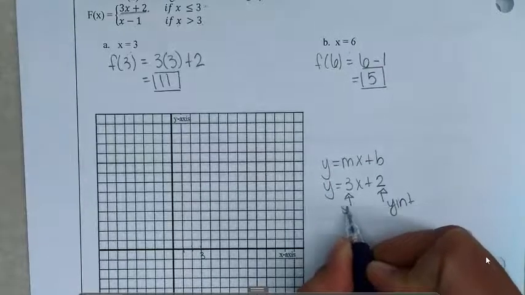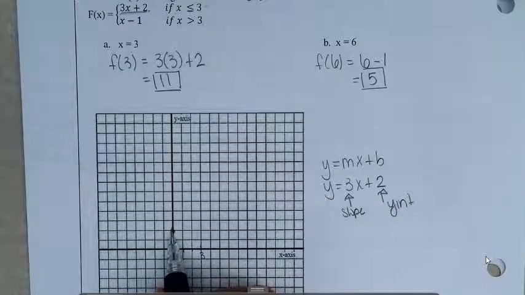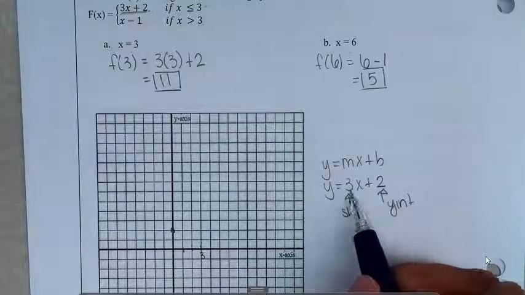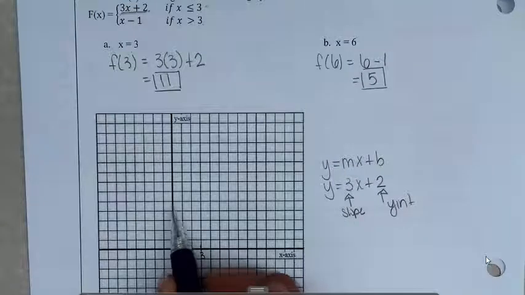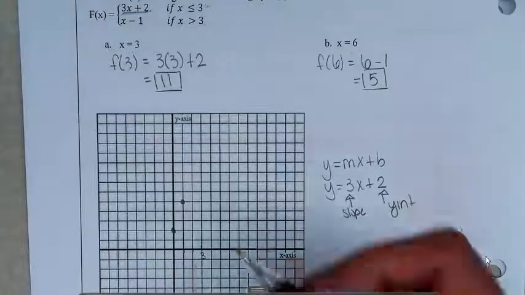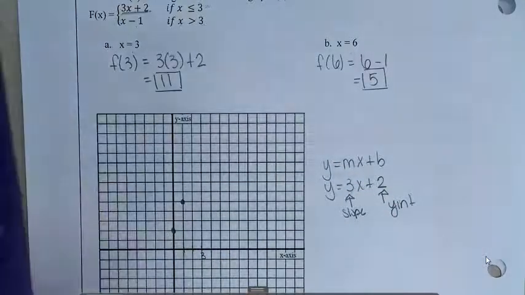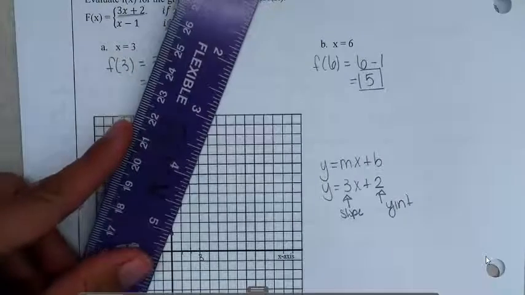This is my slope. So this one's going to be very easy to graph. So y-intercept is 2, so I go up 2, put a dot. That's my first point. And then from there I use my slope to get my next point. So up 3 over 1. So my graph will be these two dots connected.